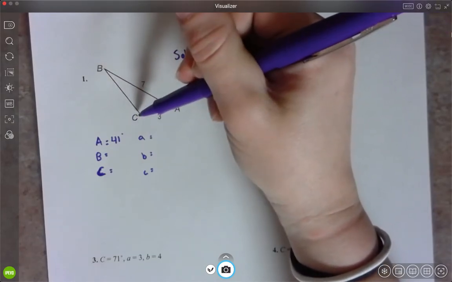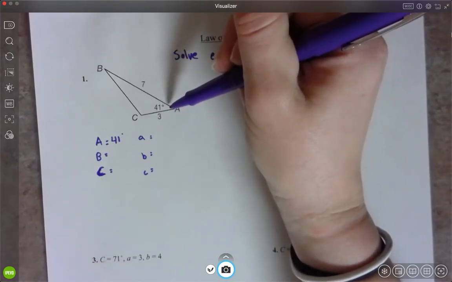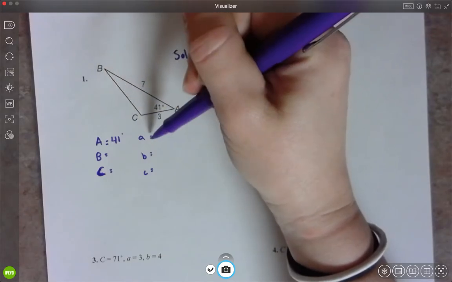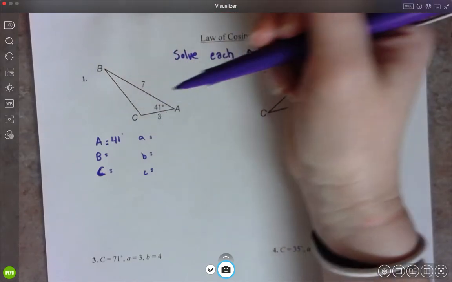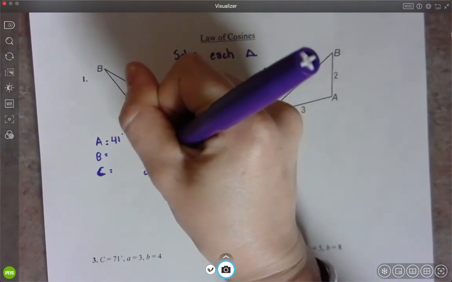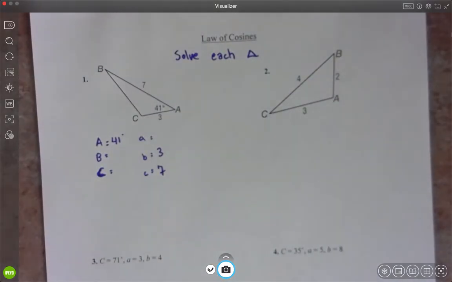Capital C, we don't know. Lowercase a would be the one that's opposite 41 degrees, which we don't know either. But then you think which one of those is b and which one is c. b has got to be opposite B, so this side is 3, and c has got to be opposite C, so this side is 7. So use your law of cosines formulas to find the other 3 things.